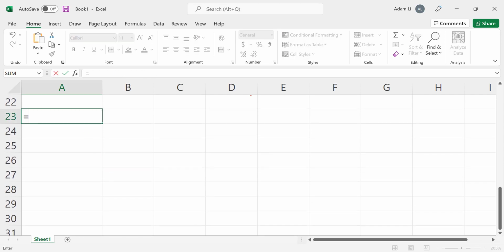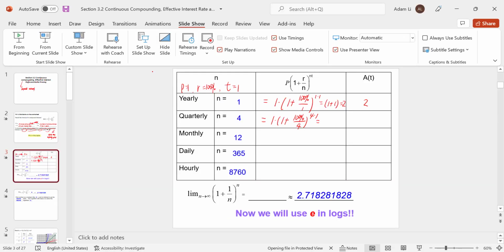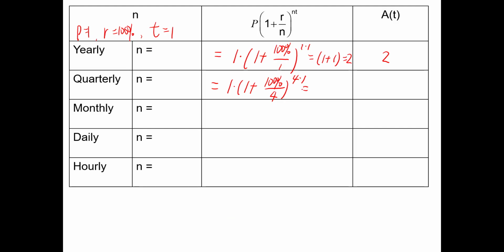It should be 1 times parentheses 1 plus 100% over 4, raised to the 4th power. And that becomes $2.44. As you can see, the more compounding periods we have, the higher the result: 2.44.